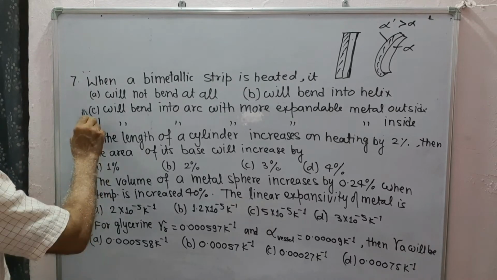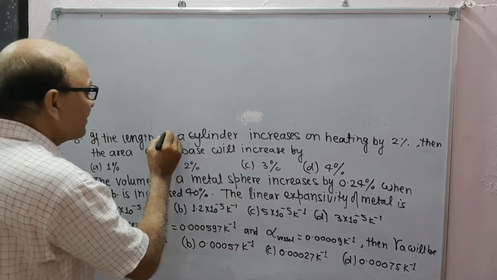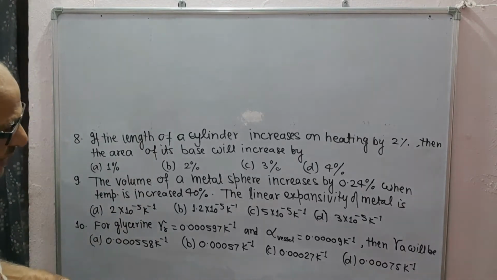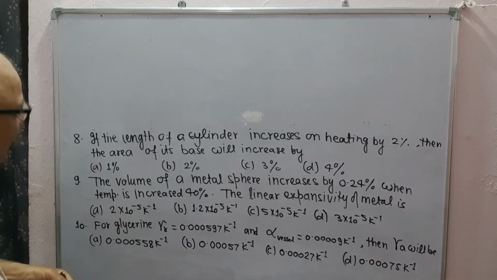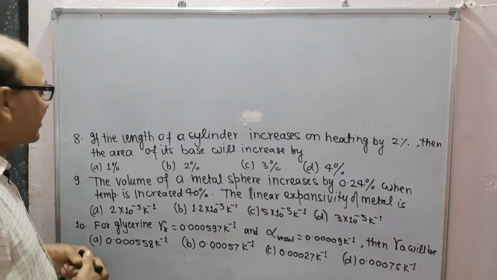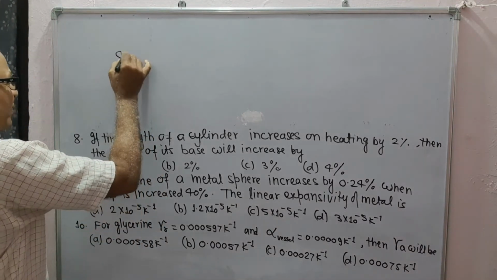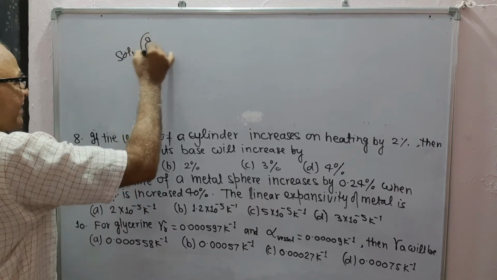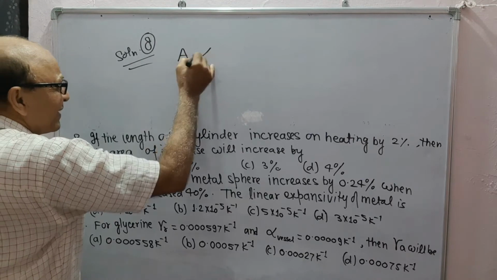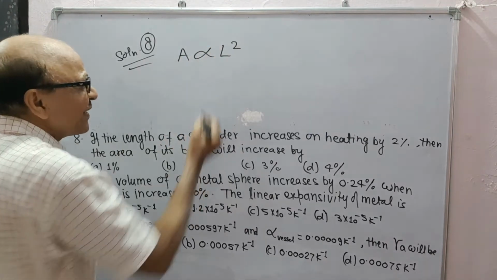That is, if the length of a cylinder increases on heating by 2%, then the area of its base will increase by, here, solution to question 8. We know area is directly proportional to L square.